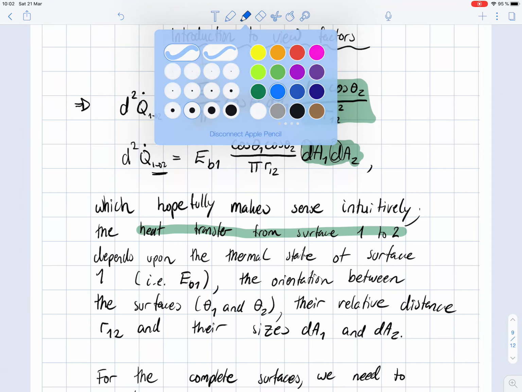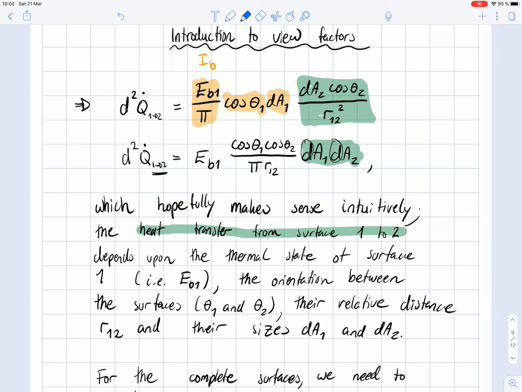I note that this is the actual heat transfer from surface 1 to surface 2, not the net heat transfer. That one will depend, of course, upon the thermal state of surface 1, because that's where the radiation is coming from. That is EB1, the black body radiative flux from that surface.